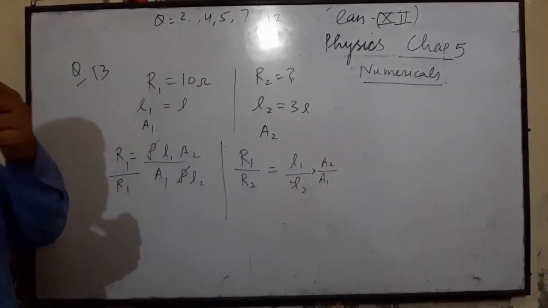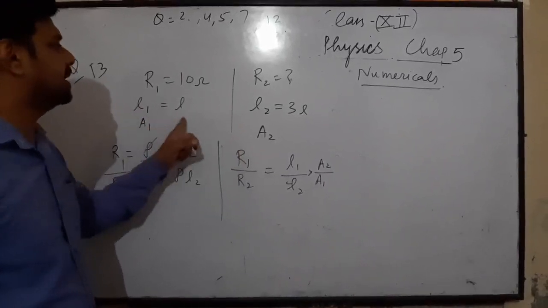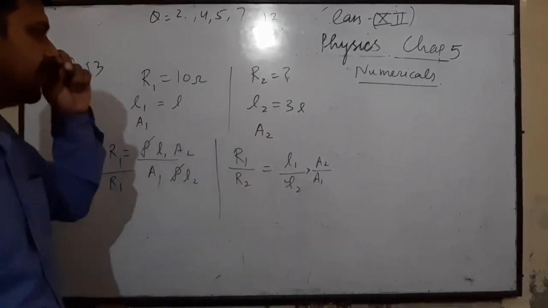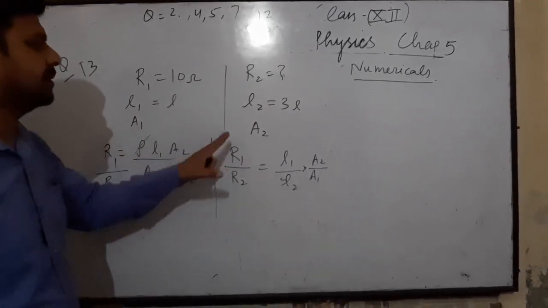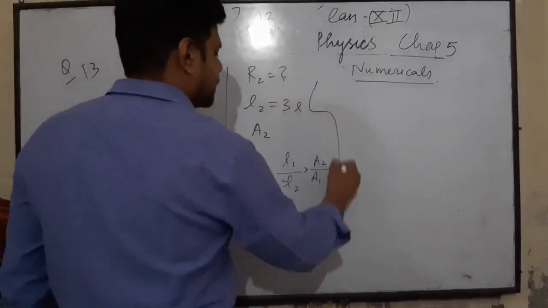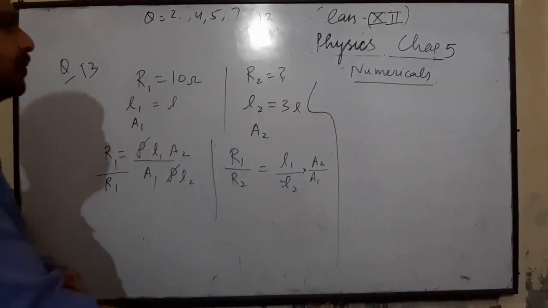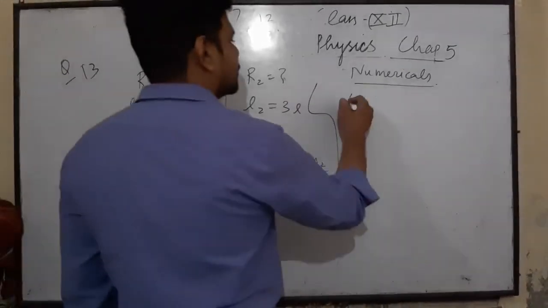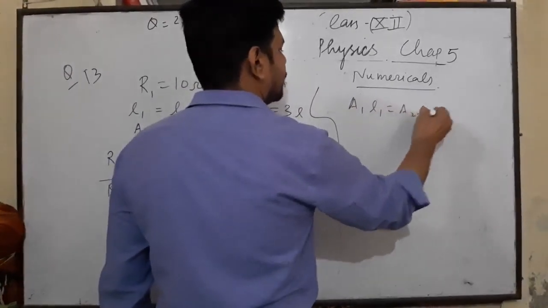In this question we have the relation between L1 and L2. L1 is L and L2 is 3L, but we don't have the relation between cross section area A1 and A2. But one thing you should remember, when you stretch a wire, the volume of this wire will be same. So we can use A1 L1 is equal to A2 L2.